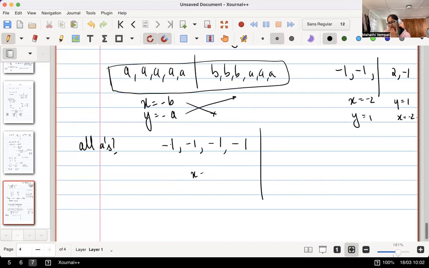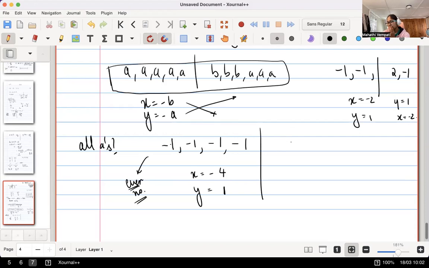So in this case, for example, x equals minus 4 and y equals 1. Now you need 4 guys, and this has to be an even number.